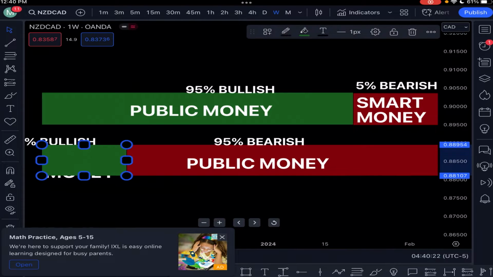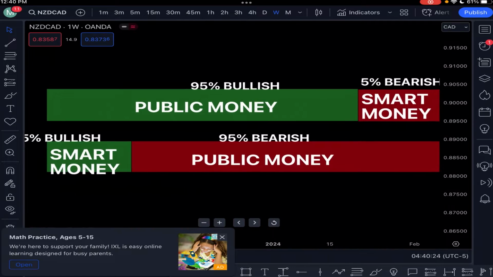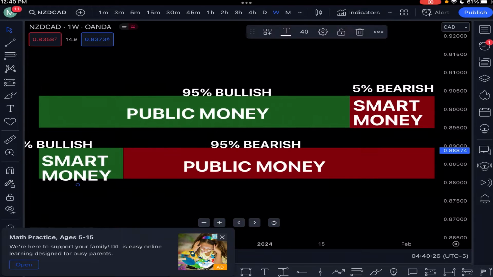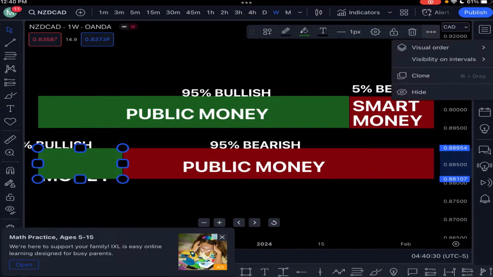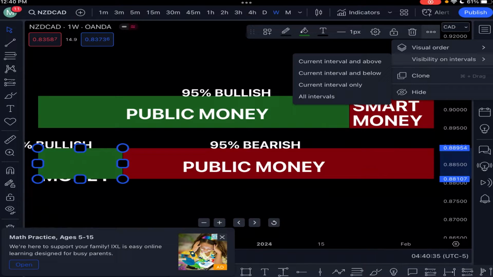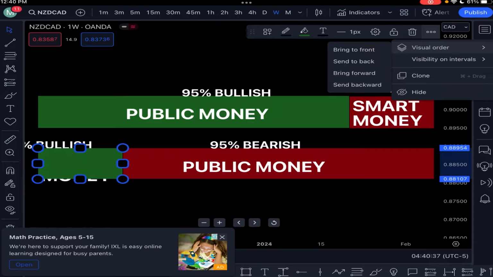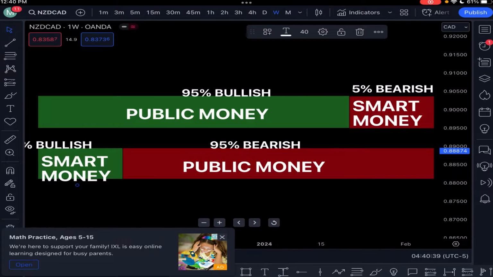We all know that 95% of traders lose a lot of money in the forex market, not because they don't know how to trade, but because they follow what sentiments are showing them.